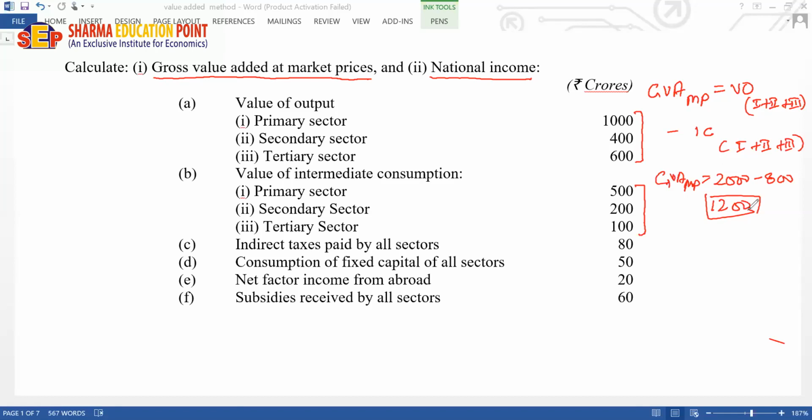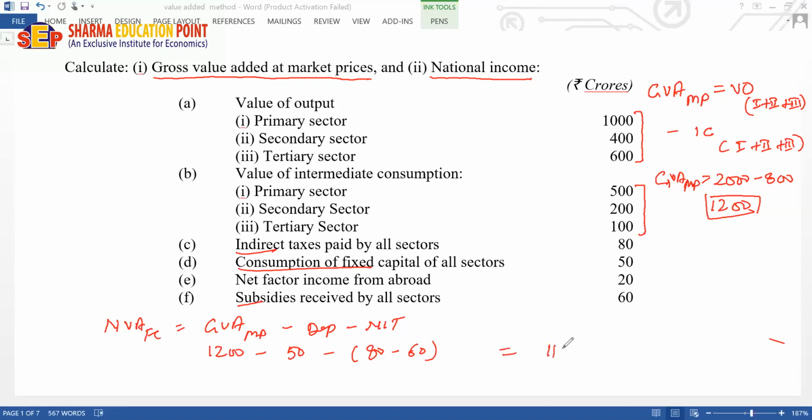Now national income. For the national income, I just told you that first of all NVAFC, and you have calculated GVA at MP minus depreciation minus NIT. So 1200, depreciation, here consumption of fixed capital, it's 50. NIT, indirect taxes minus subsidies. So here 80 minus 60, 20. 20 or 50, 70. 70 minus karenge, so it's 1130.